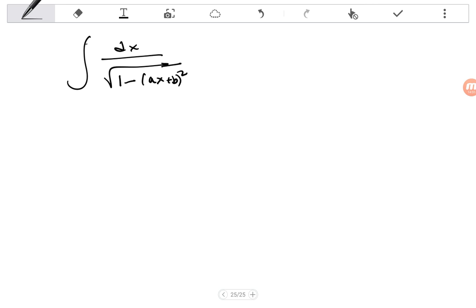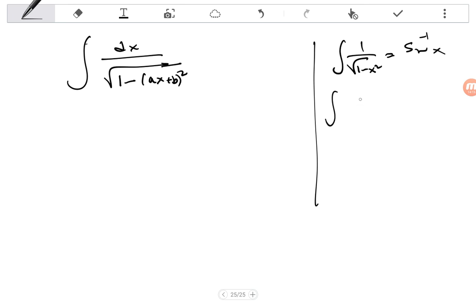One over root 1 minus something, a linear bracket squared. This reminds me of integration of 1 over root 1 minus x squared. That was sine inverse x. Another rule, we have two important rules. Remember those two.